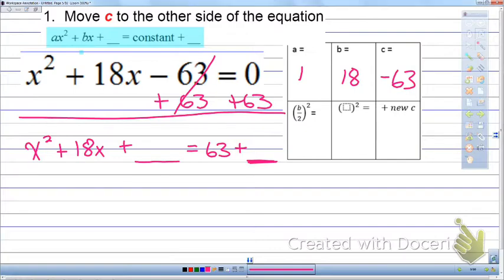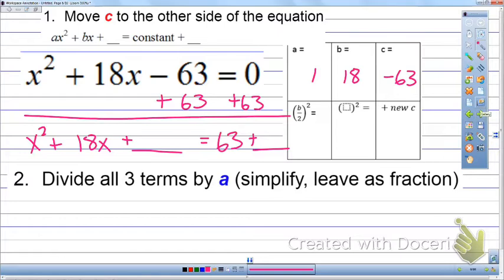Move C to the other side. After moving C to the other side, you have to divide by A. If A is any number besides 1, you have to divide by A. If A equals 1, you get to skip this step.